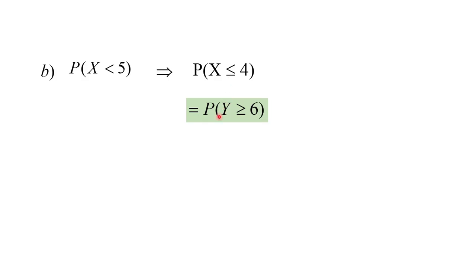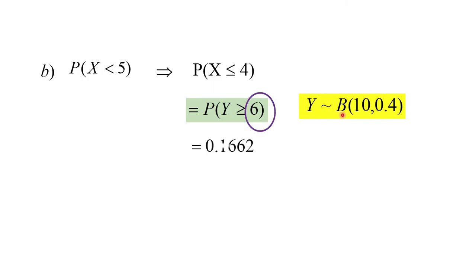We change to y, that is probability y more than or equal 6, changing from less than to more than or equal. Then we get the value 0.1662. We use the table for y, for n equals 10, p equals 0.4, and r equals 6.